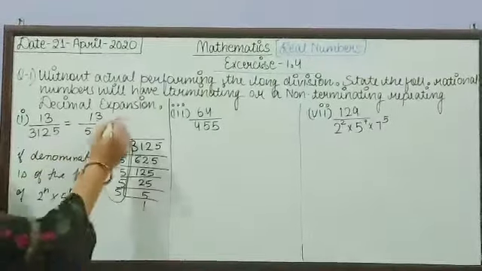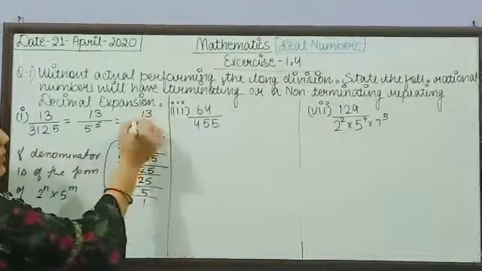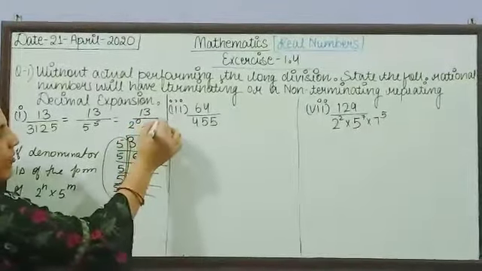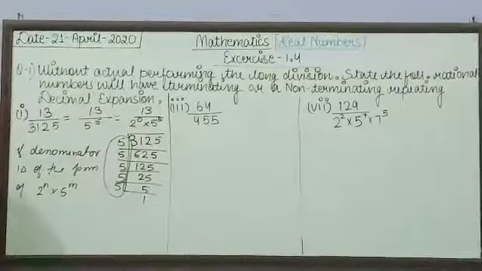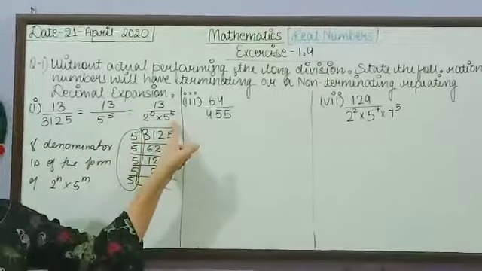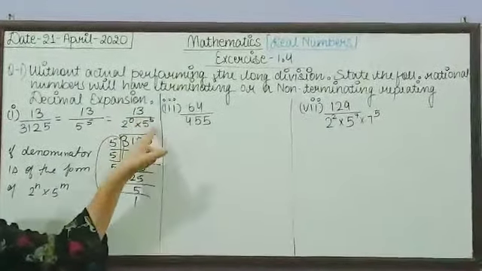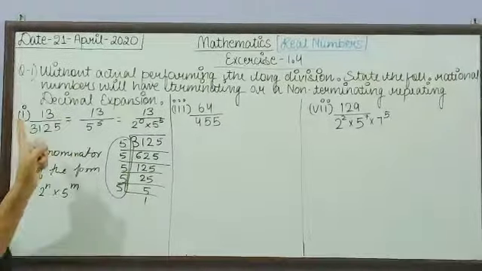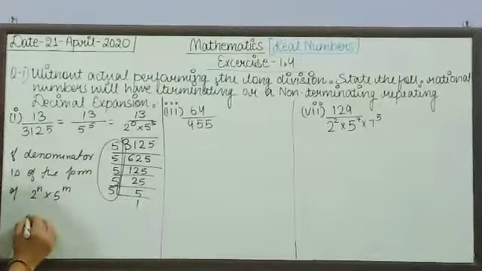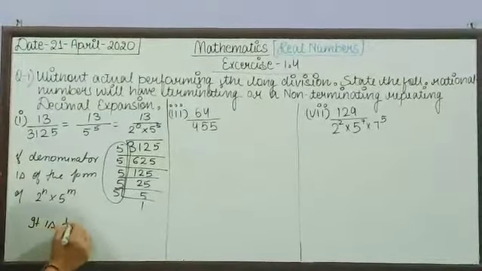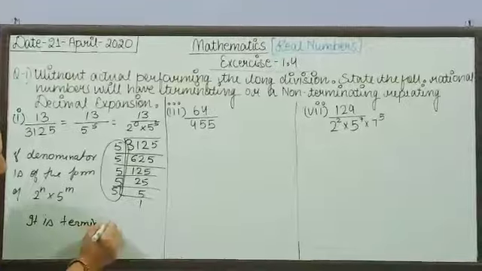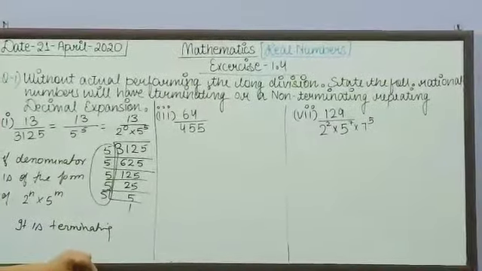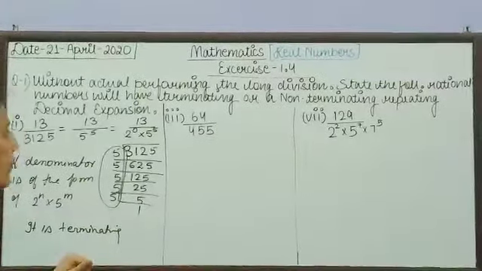So here it can be written in the form of 13 upon 2 raised to the power 0 into 5 raised to the power 5, where n is equal to 0, m is equal to 5, non-negative integers. So what kind of decimal expansion will it be? Terminating. It is a terminating decimal expansion.